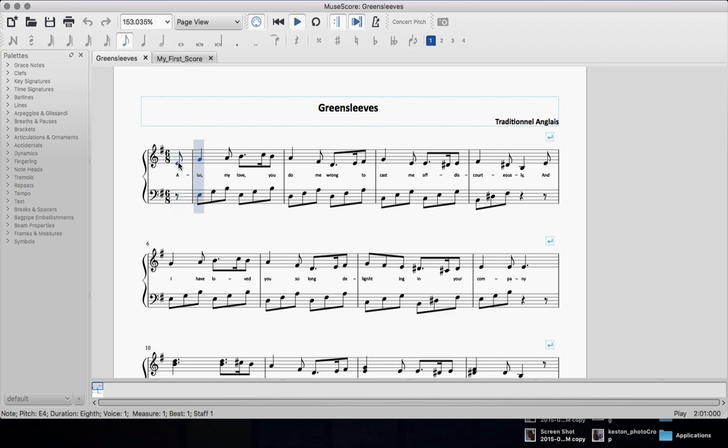Here's the quick beat. And here's the big beat. Right? So there are 3 of the faster pulse for every one of the slower pulse. So it's a 3-to-1 relationship. Thus gives us compound meter.